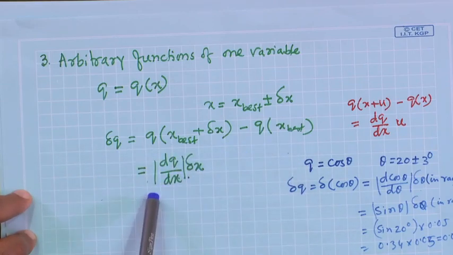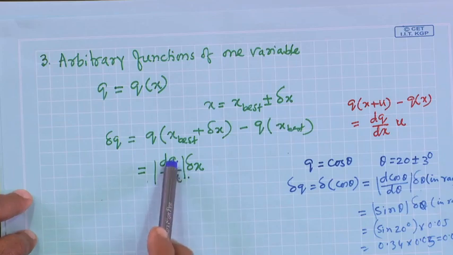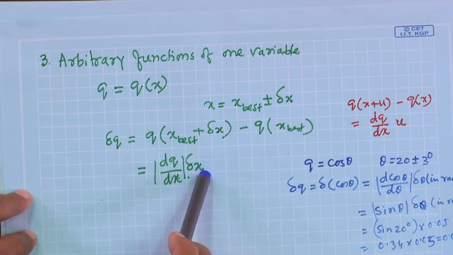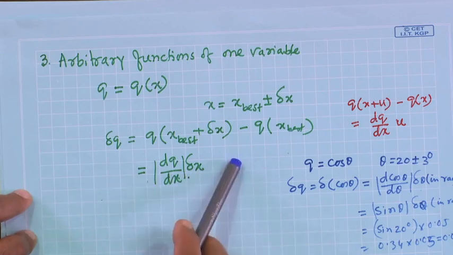This is nothing but dq by dx, the change of q with respect to x, into delta x.